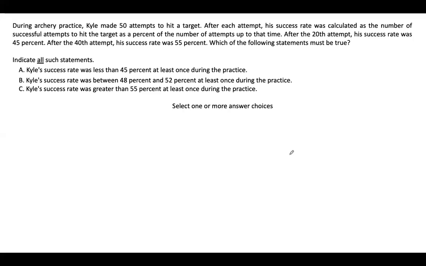During archery practice, Kyle made 50 attempts to hit a target. After each attempt, his success rate was calculated as the number of successful attempts to hit the target as a percentage of the number of attempts up to that time. So, should I define this success rate?